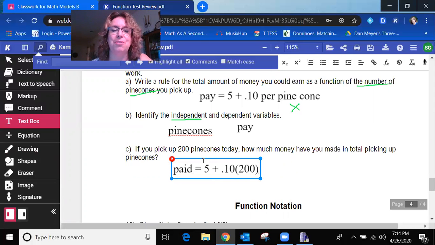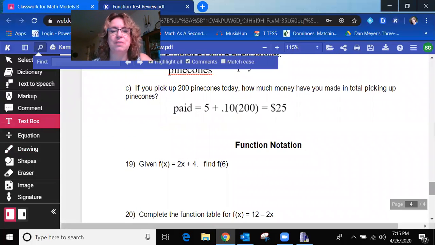I'm going to do the multiply first, and I'm using a calculator, but you don't need a fancy one here. Just go 200 times 10 cents and then add $5. You get 25 bucks and a headache for counting out 200 pine cones. But I wouldn't say no to 25 bucks.